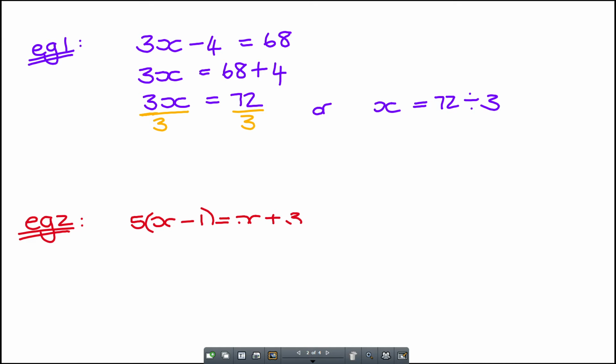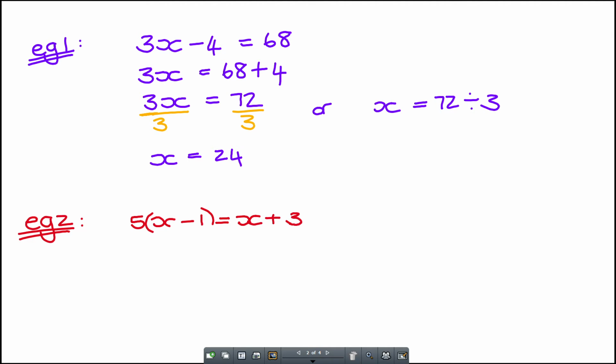It's the same thing, hey? So that just means that x will then be 24, because 72 divided by 3 gives me 24. Any questions there? Do you guys start remembering this from last year and the year before?